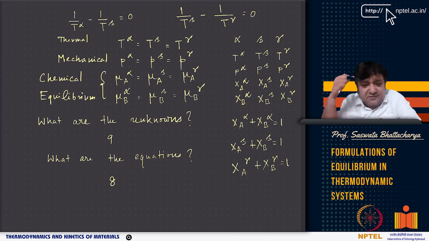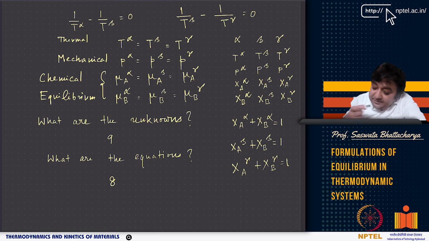See, instead of mole number, we are looking at X, which is mole fraction. Basically we are trying to find out what is the concentration of A in alpha that is in equilibrium with A in beta, that is in equilibrium with A in gamma. Similarly for B. However, there is one interesting point.